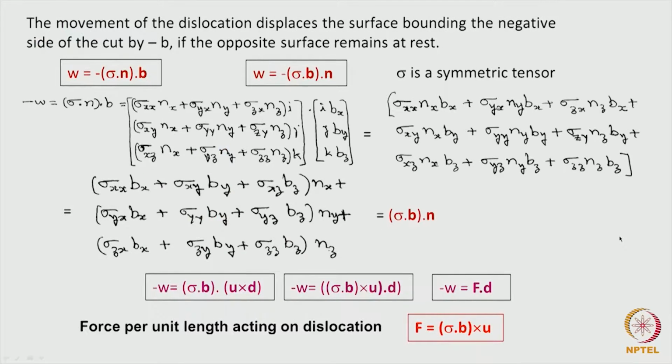But what we have to look at now is that when this force is being applied, suppose it makes the dislocation move, where d is the unit vector in the direction of motion of the dislocation.